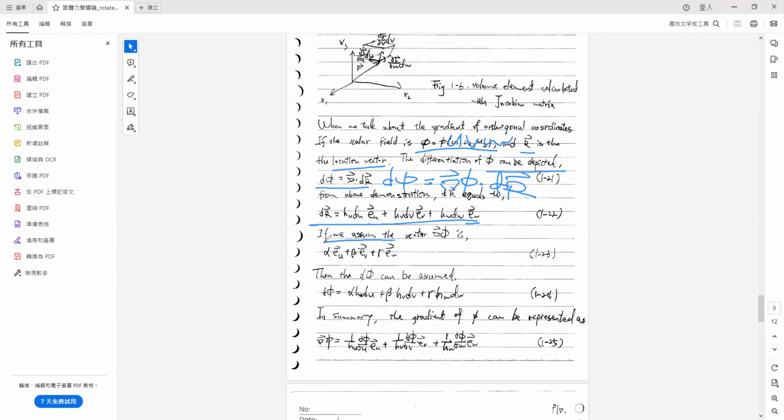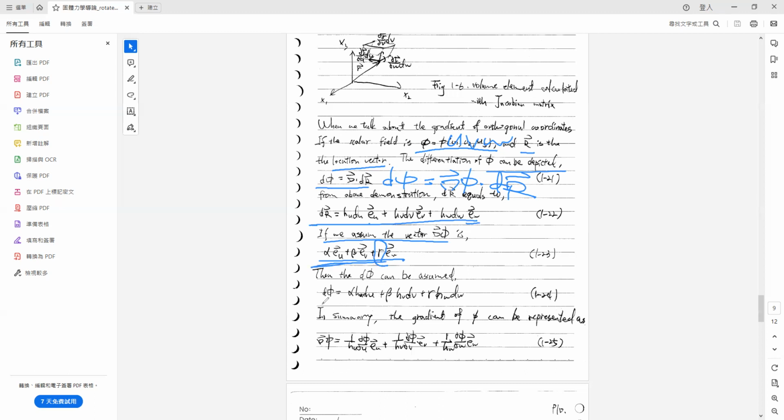So if we assume the gradient of phi is alpha vector EU plus beta vector EV plus gamma vector EW, we need to pay attention here. It's gamma. It's not the vector R.